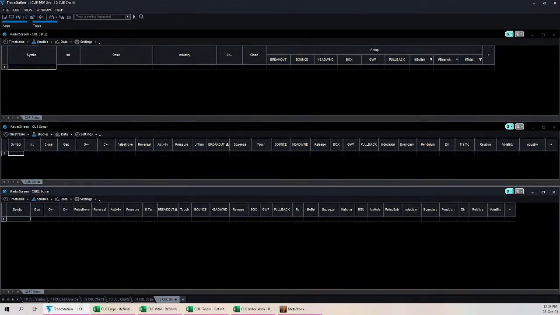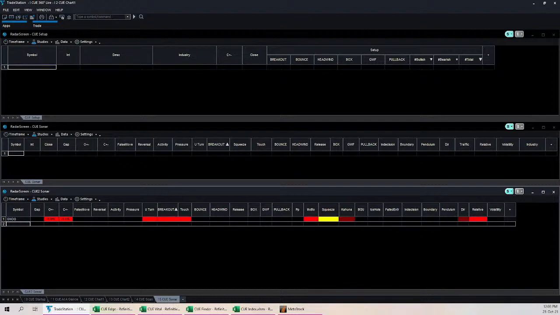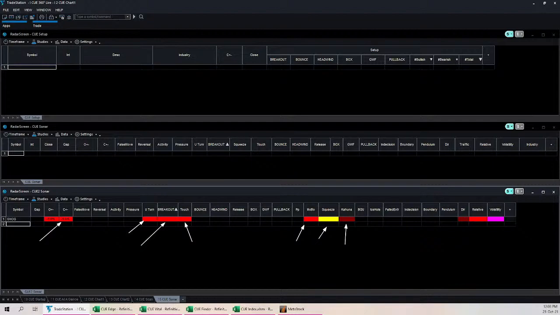You could find it from Finder, or if I put GNOG in Q sonar, you would notice many more signals now. Let's see. Breakdown, touching trend line resistance, has a bearish pressure U-turn, significant down move close to close, Mobo breakout from a squeeze with a kahuna.